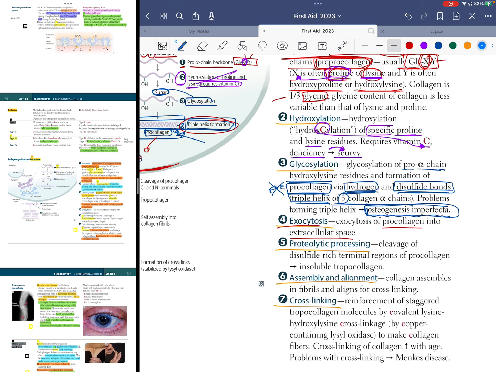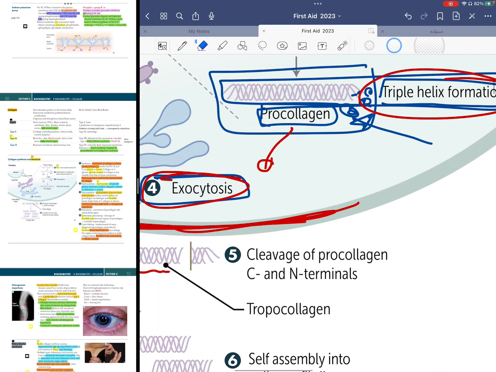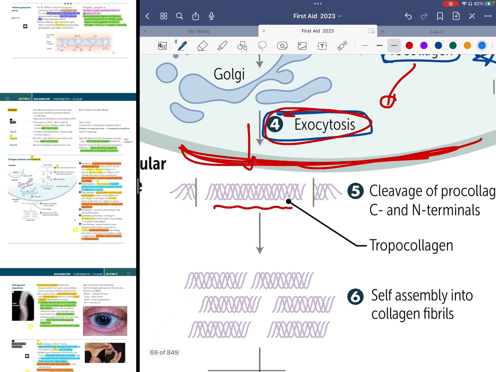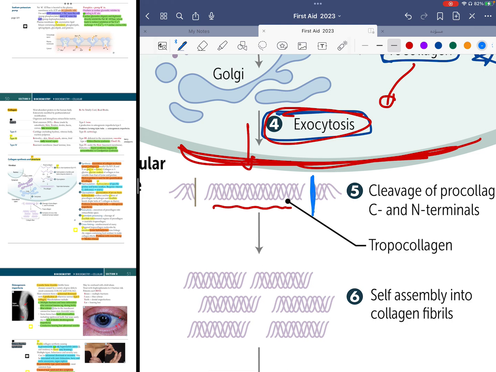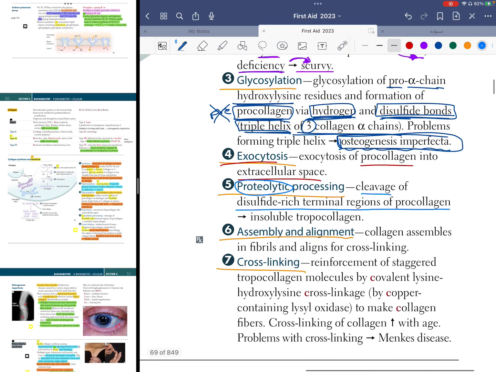Now we have proteolytic processing. It's the cleavage of disulfide-rich terminal regions of procollagen. As we said, this is called procollagen. What we do is cleave those two side parts because they are rich in disulfide.